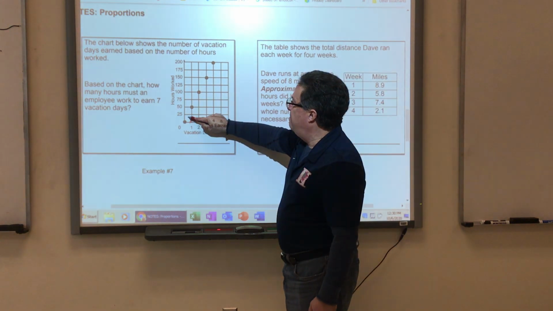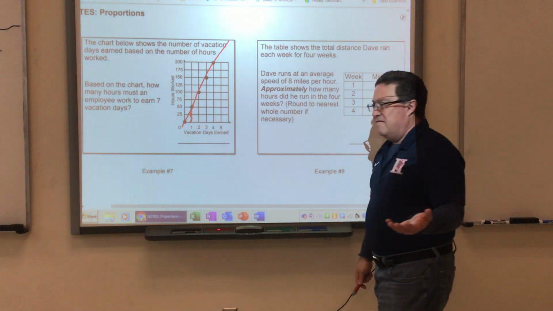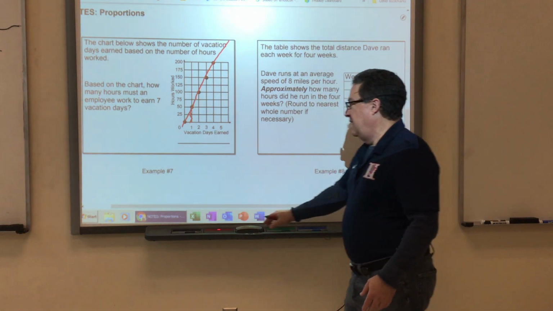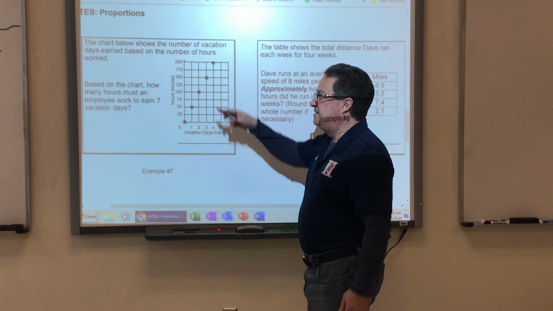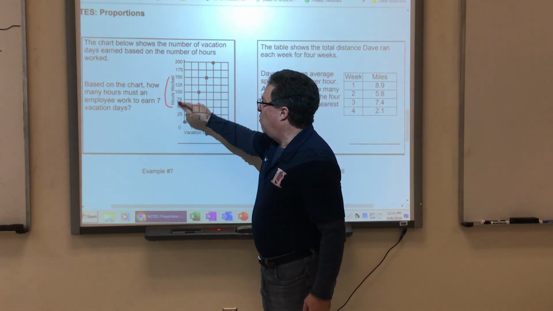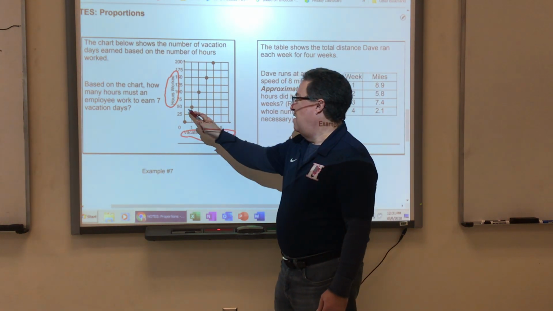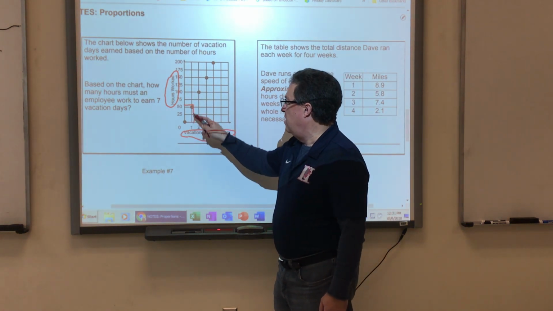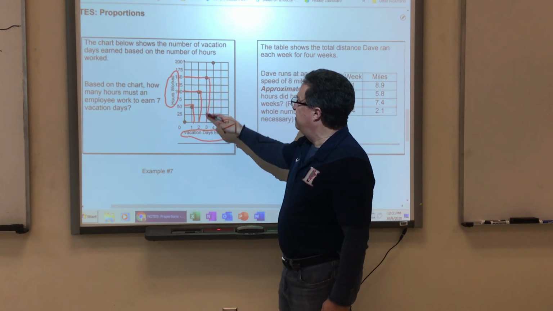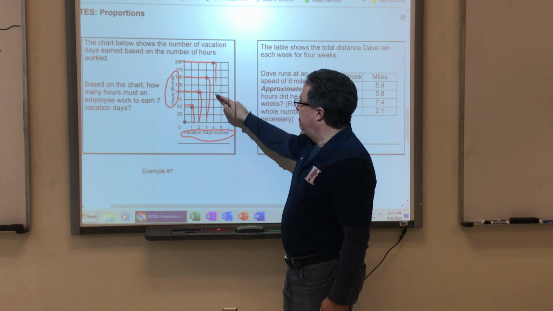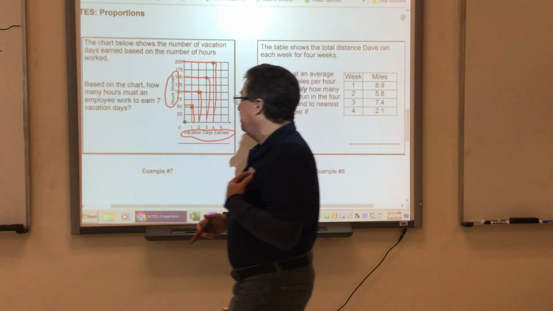If I was to make a straight line here, every one of those dots would be on that line, which means I can use any of those dots to find my hours worked and my vacation days earned. So I can use 51, 102, 153, or 204. I told y'all in class I like to use the smaller numbers because they're easier.